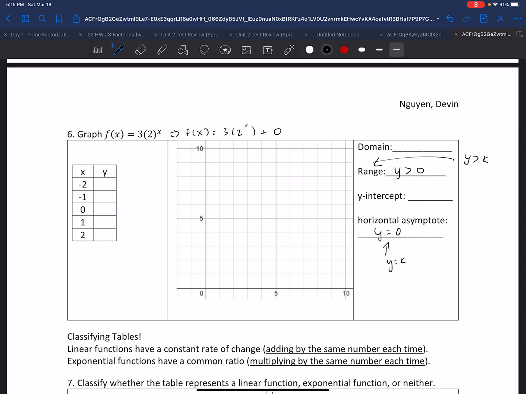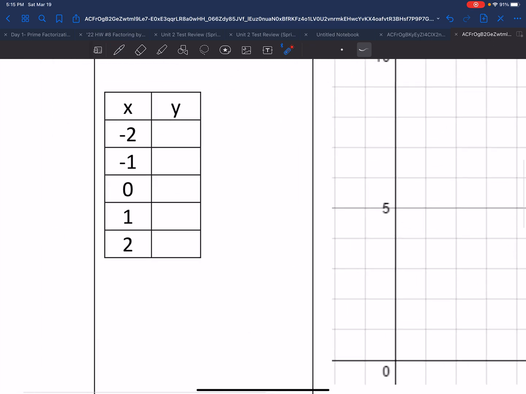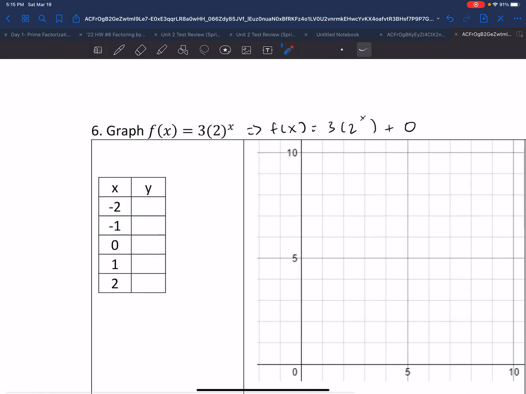And then domain, well, I'm going to worry about the domain and the y-intercept later. Let's just start plugging these in. So, remember, you have a calculator for this. You can use that y equals button and get these y values faster. So if these are my inputs, we can figure out our output.